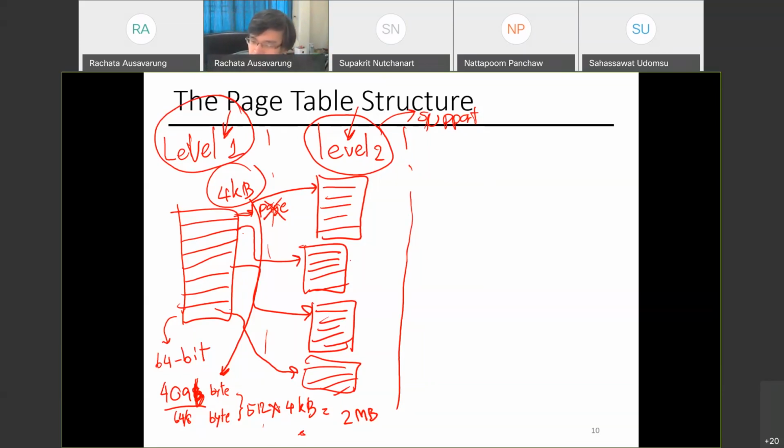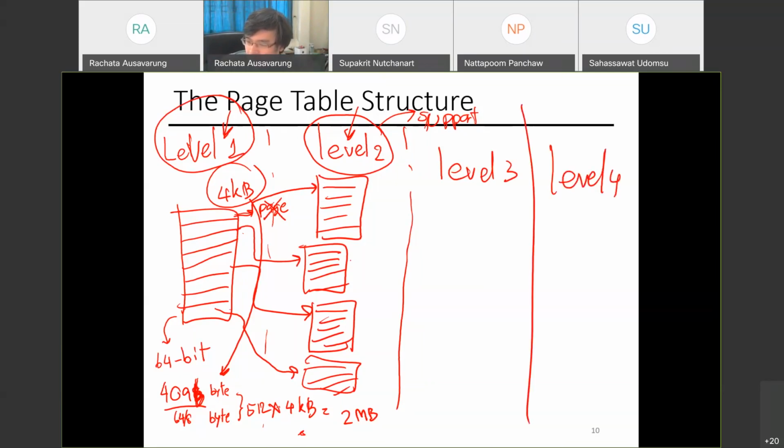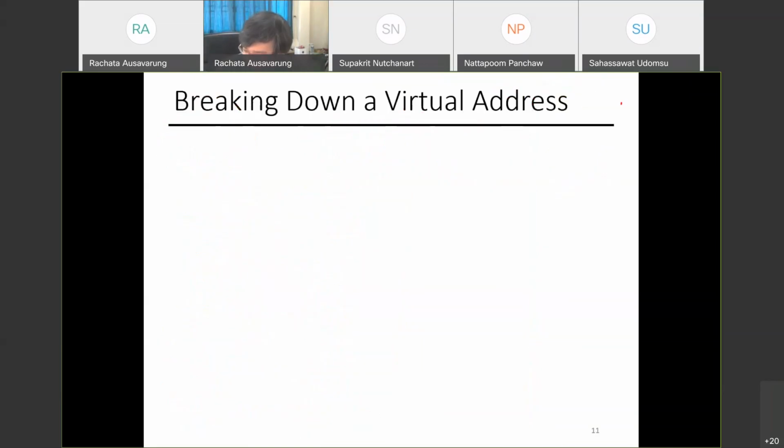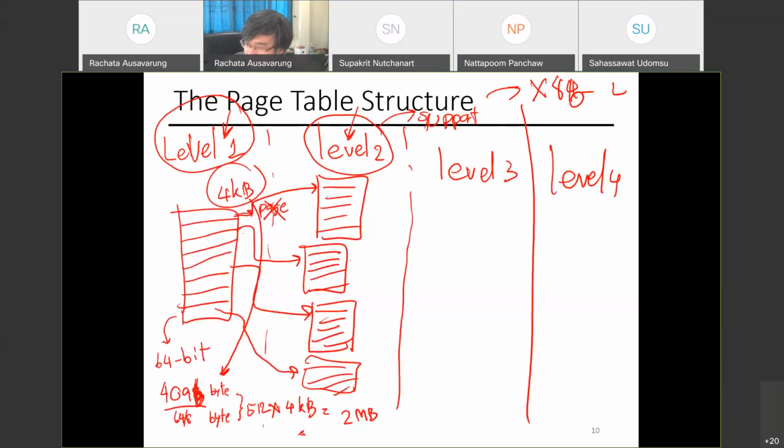It actually goes to 4 levels. So you have level 3 and then level 4. All right, so this is x86-64. The 64-bit machine goes to 4 levels.